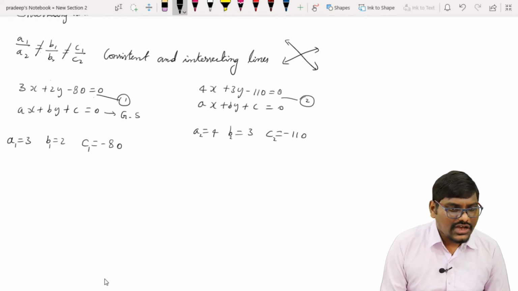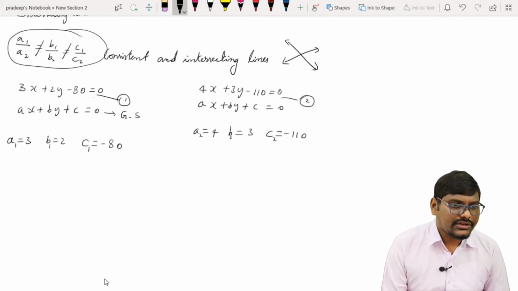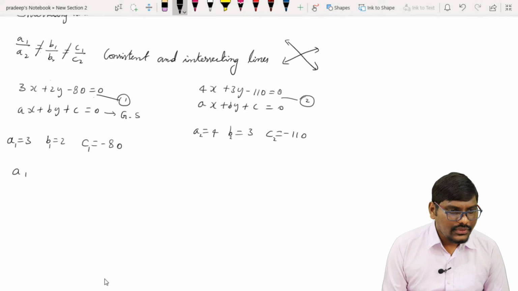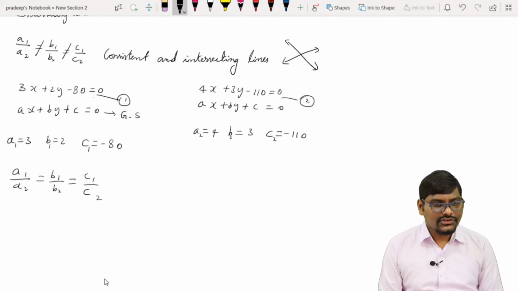Now all of these a1 and a2, b1 and b2, c1 and c2, we have to show in this format. What is our form? a1 by a2, b1 by b2, c1 by c2.